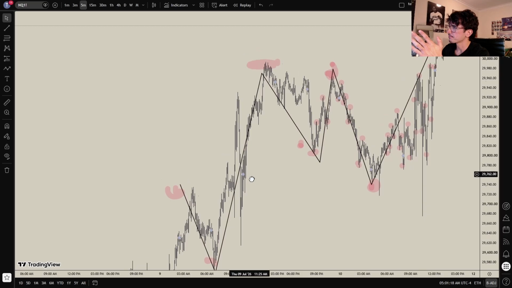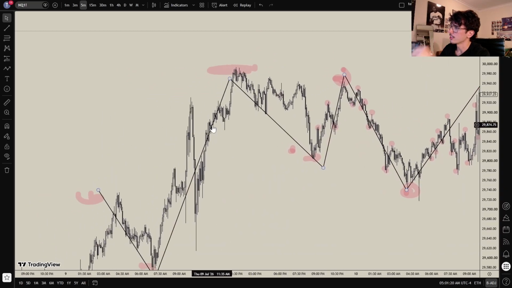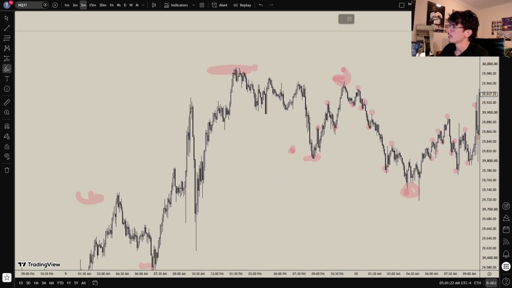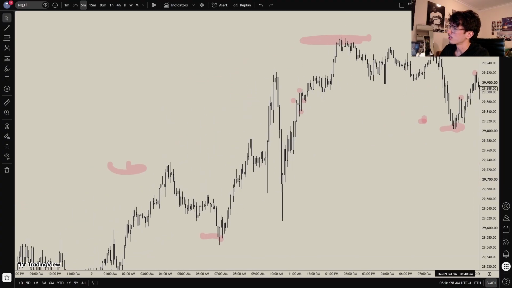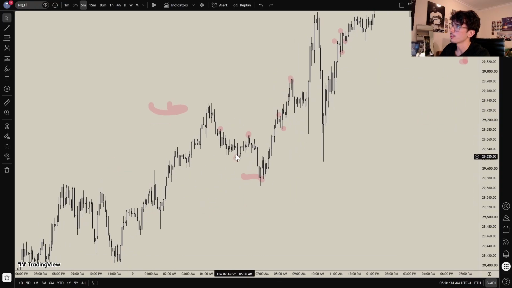But when you go inside, you can see that it's much more complex than that. There are many just little areas of internal liquidity, lots of little internal swings inside of this actual major structure, and everything that is below and sometimes including the 15-minute chart would all be identified as internal liquidity.